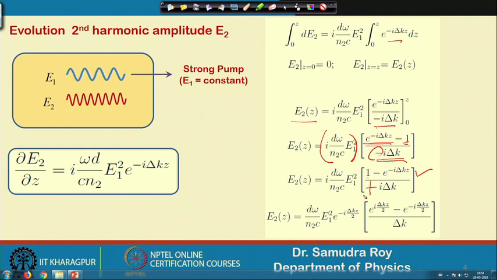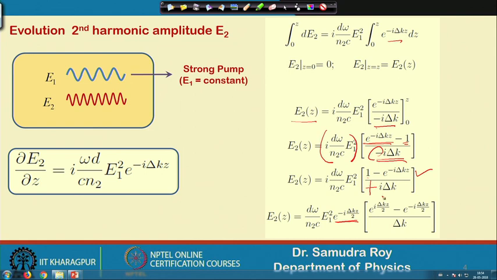So, it is plus. Finally, this looks quite a similar term, and one can make some symmetric kind of term using that. In order to do that, we multiply the entire expression with e to the power minus i delta k z by 2.